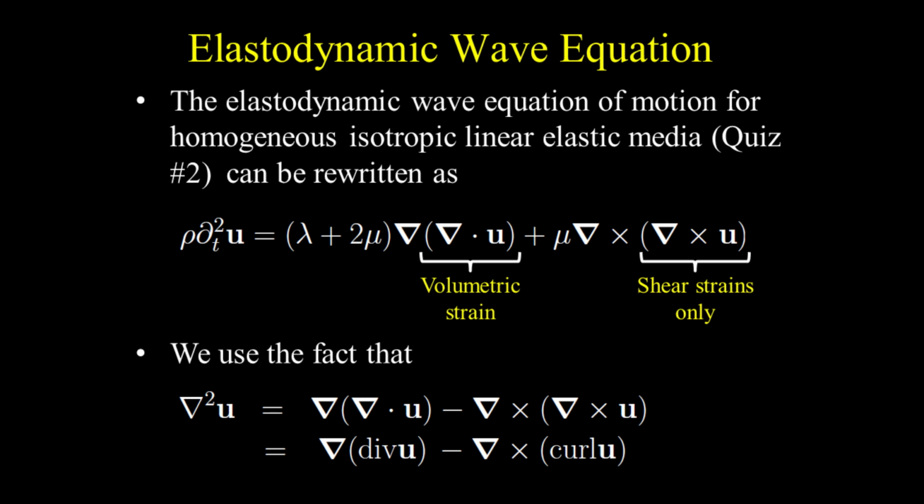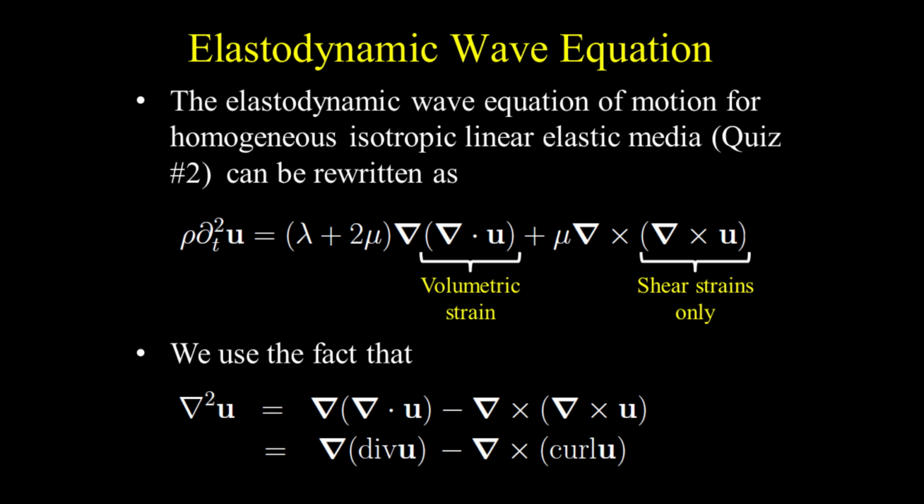These two features are clearly visible in this form of the elastodynamic equation for homogeneous isotropic linearly elastic media. Note that we use the identity in the bottom here to turn the elastodynamic equation that we derived in the second quiz into this form. Notice that the divergence of particle displacement describes the volume strain, whereas the curl of the particle displacement describes the change of shape.